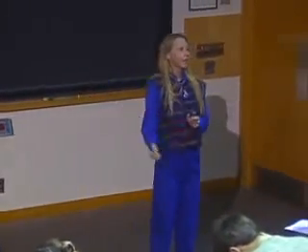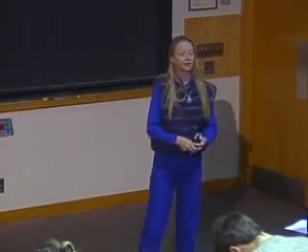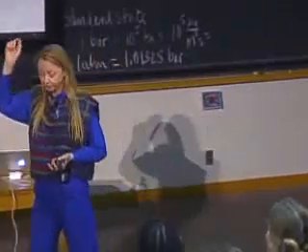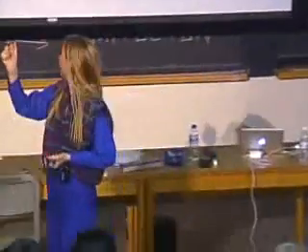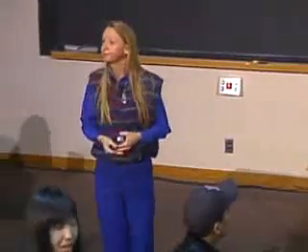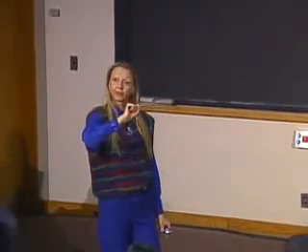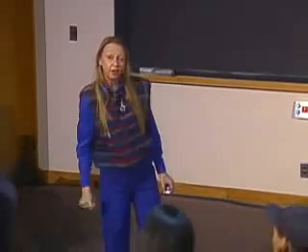If the sign of delta S is positive, you're going to have an increase in disorder. The system's more disordered. If the change in delta S is negative, you're going to have a decrease in disorder.